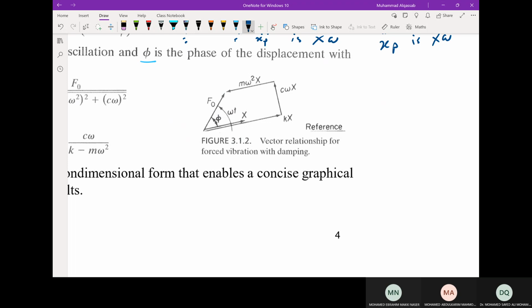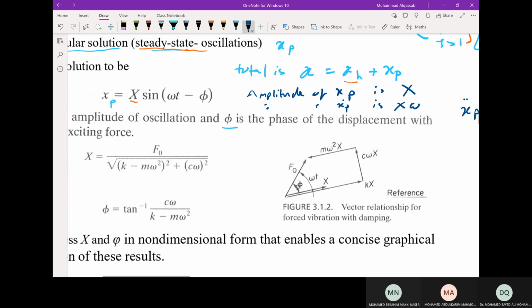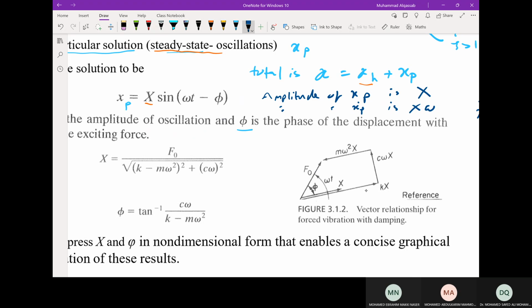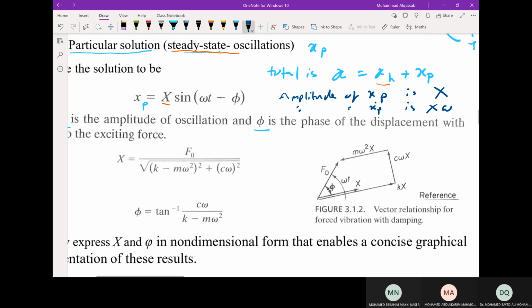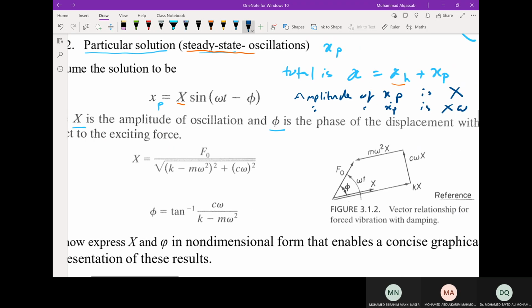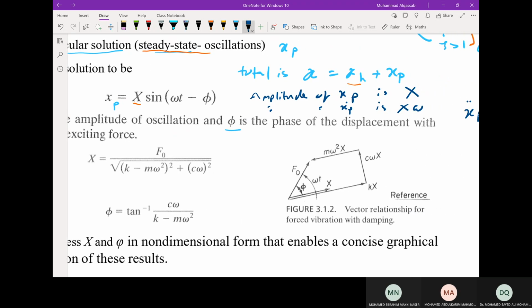The phase in the particular solution, phi, means the phase of the displacement with respect to the exciting force. So this is measured with respect to f of t or F naught.